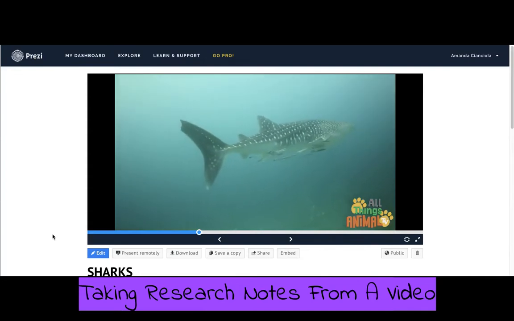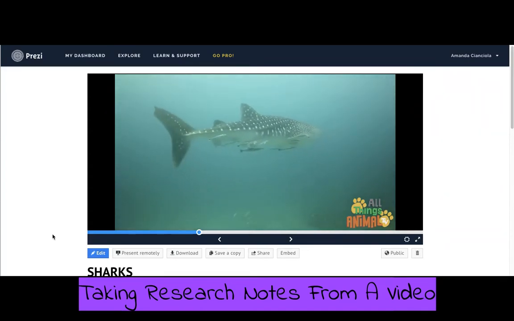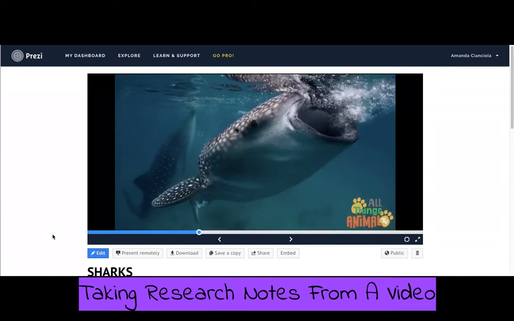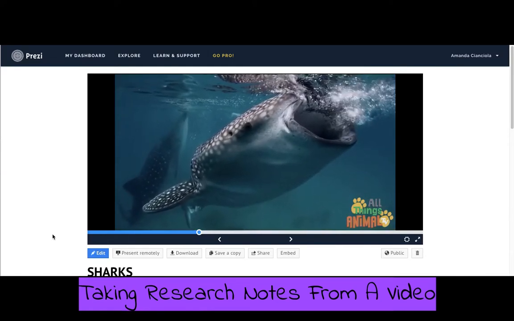There are lots of different sharks. Whale sharks are the biggest shark. They open their mouths really wide and eat lots of tiny plankton and krill.